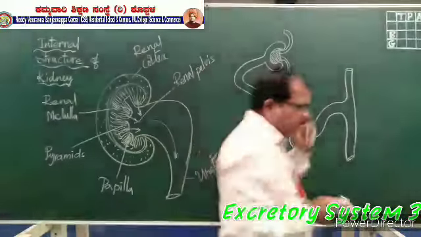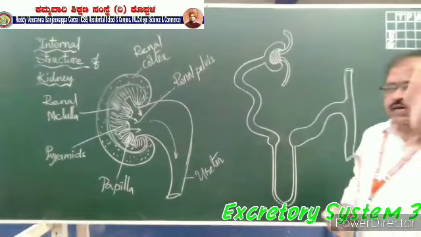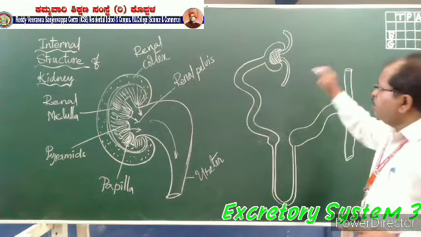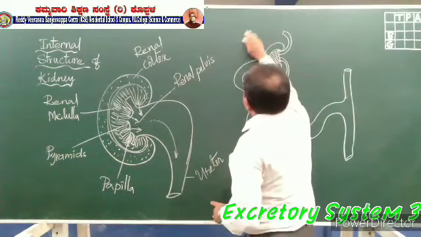Nearly 1 million nephrons are presented in each kidney. The total structure of the kidney depends upon the nephrons.